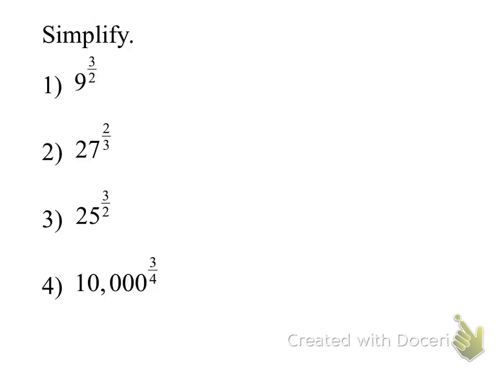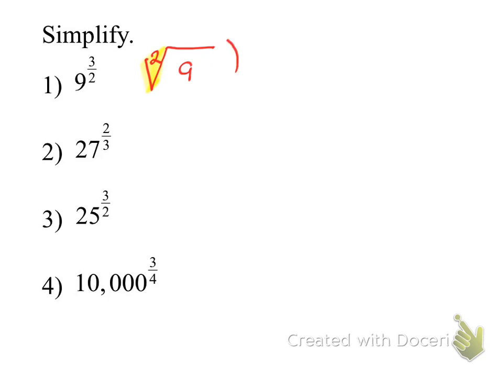I always like to do it like this. I always write it out as what kind of root, it's a square root, and it's 9 to the third power. Now, I might not want to do 9 to the third power because it's big, right? So in this case, I'm probably going to do this.